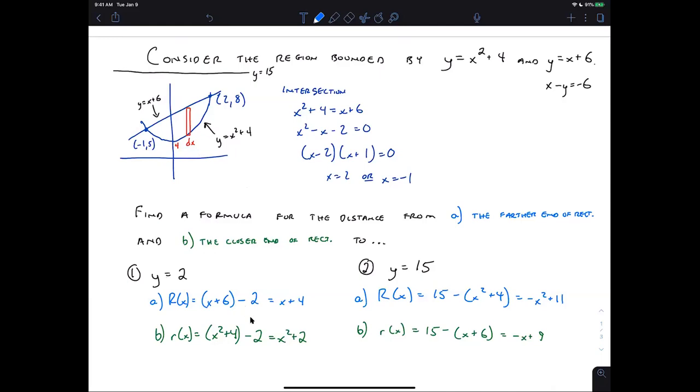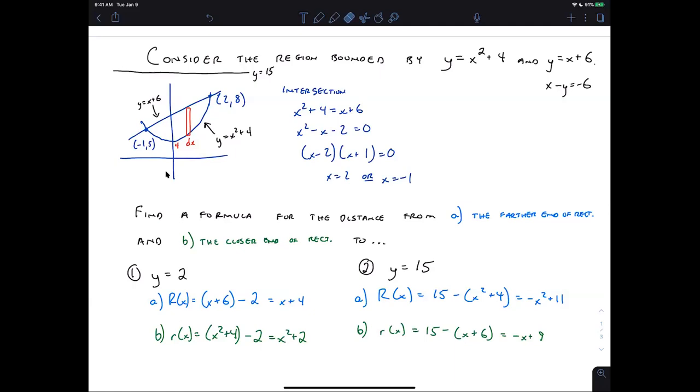Just x plus 6, x plus 6 minus 0, which ends up being x plus 6. But yes, it'd be minus 0 because you're doing the top y minus the bottom y, and the y value there is 0. Does that make sense to everybody? We clear? Okay, so on the homework, some of them are going to say x-axis or y-axis, and when that is the case, something is 0. It may not be the first thing, but something's 0. Does that make sense? Okay, any questions so far?